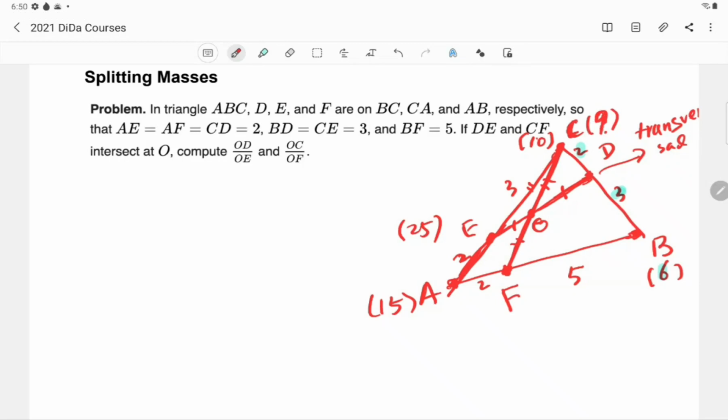And then what now, please? What do I do? But don't forget, the end goal is not to calculate the mass of O, okay? Because all we're asked to do is to calculate the ratios, these two ratios.